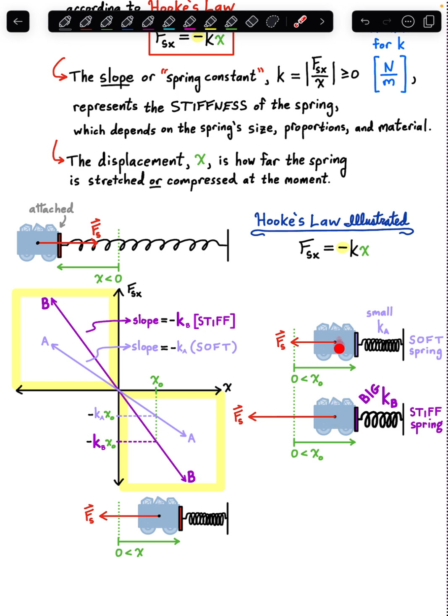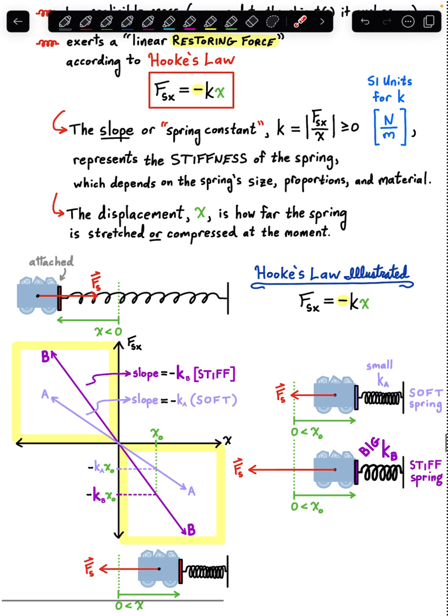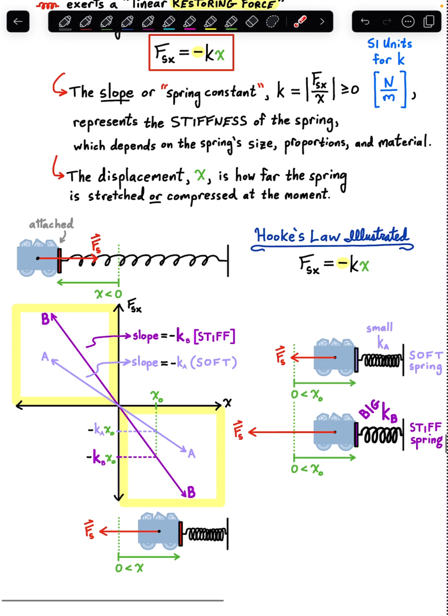Now, on this graph, I've got in darker purple the Hooke's law function for the stiff spring, and then in the softer lavender, the Hooke's law equation for the soft spring.